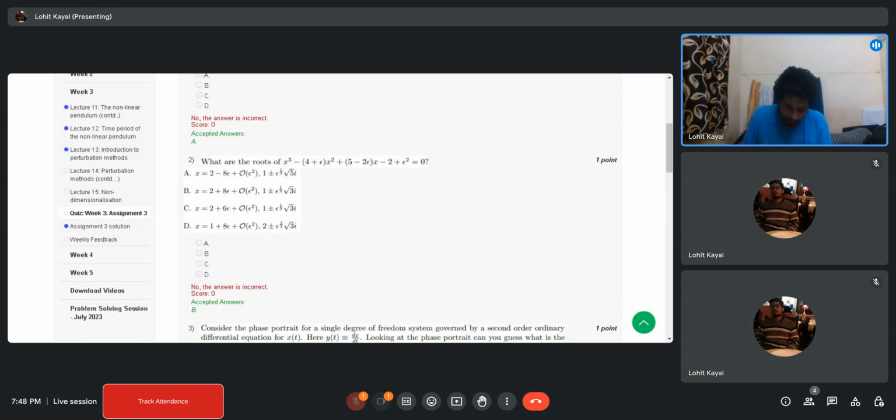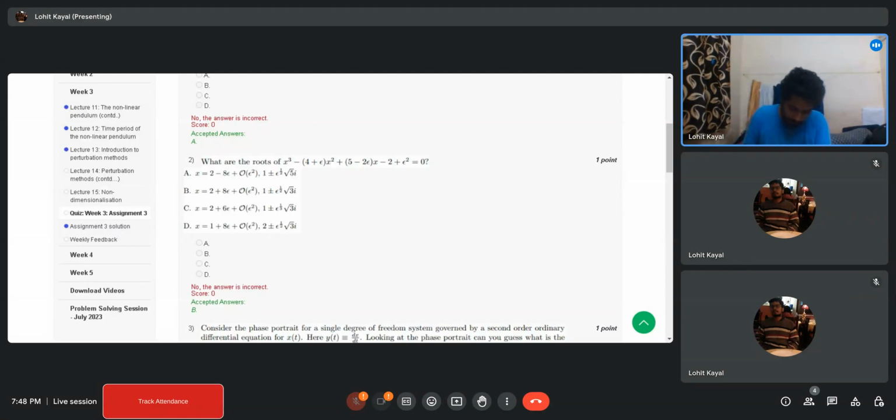So what are the solutions for this? If you put x equal to 2, you will find that x equal to 2 is a correct solution. And if you put x equal to 1, you will find that x equal to 1 is also a correct solution.